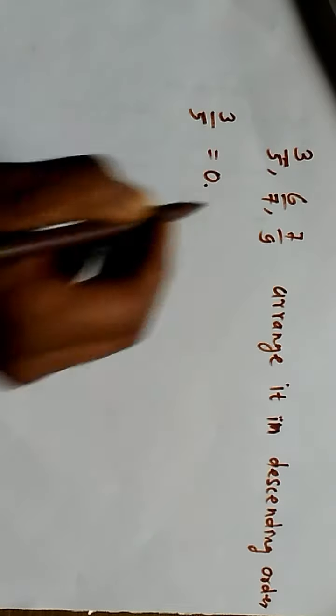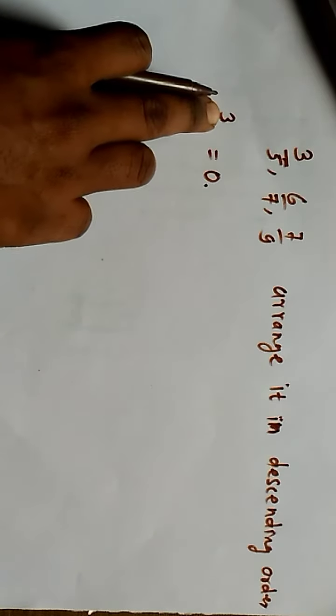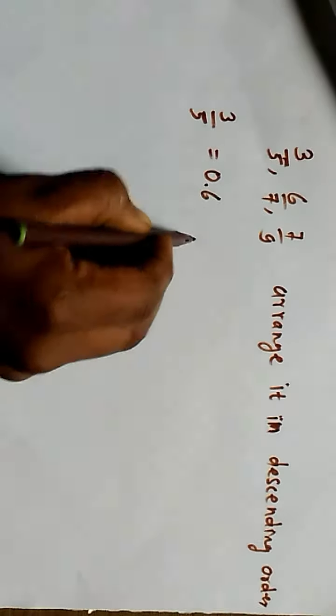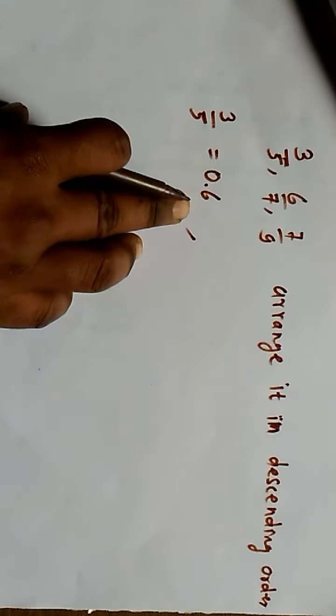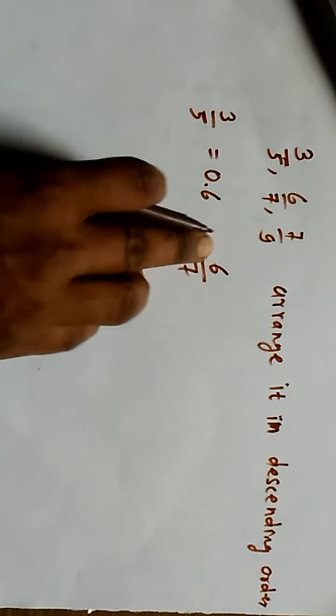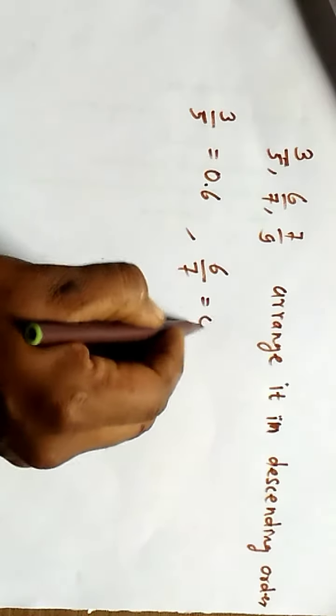So 3 by 5: we can't divide 3 by 5 directly because 3 is less, so we take 0 point here. Now 3 becomes 30, 5 6s are 30, so 3 by 5 is 0.6. Next number 6 by 7, 6 is less than 7, so we take point here.